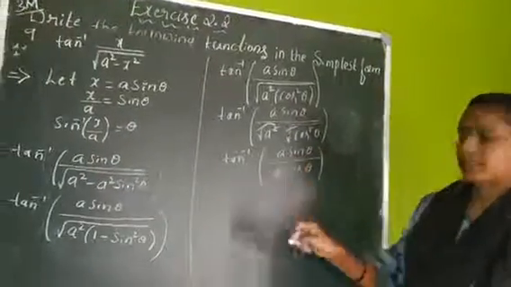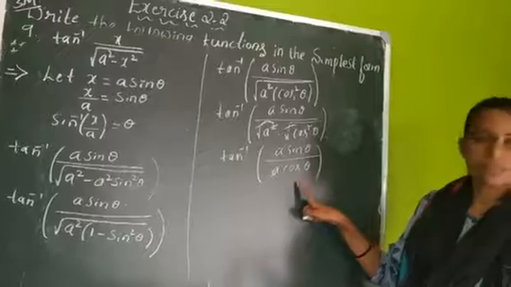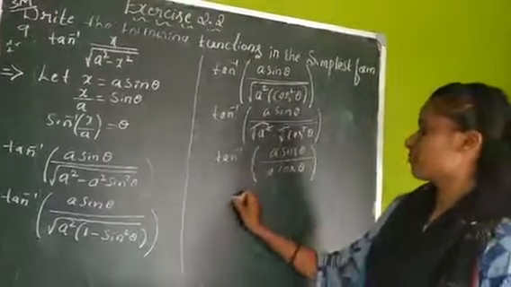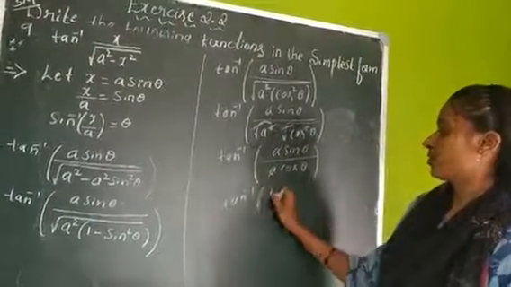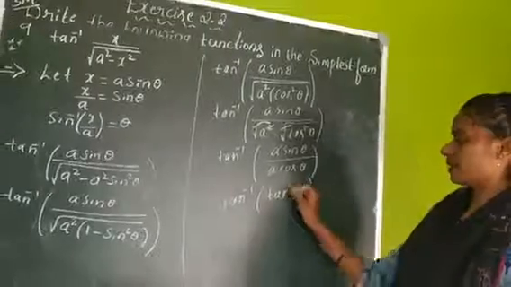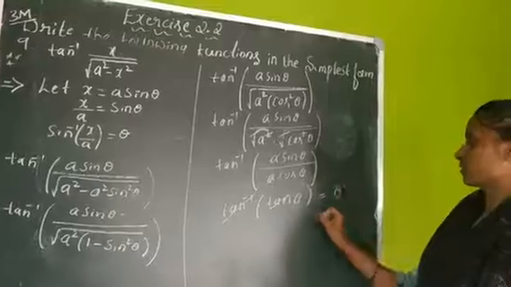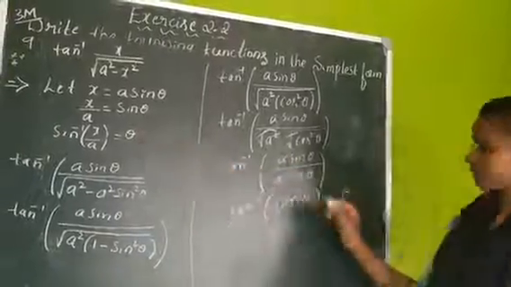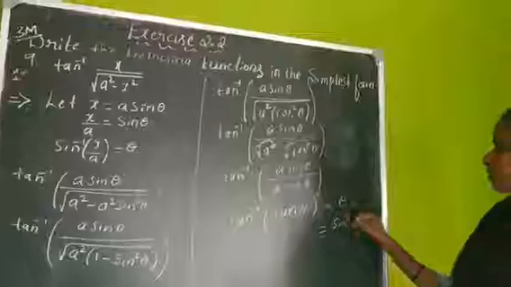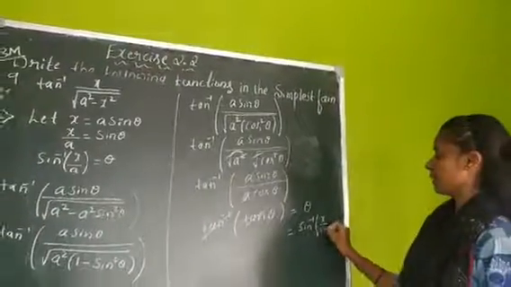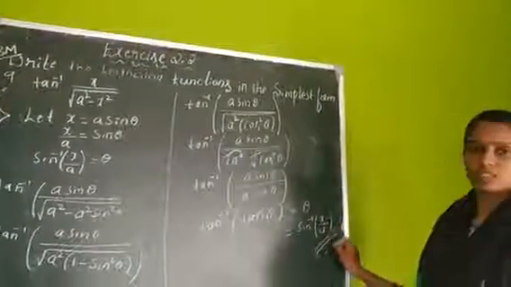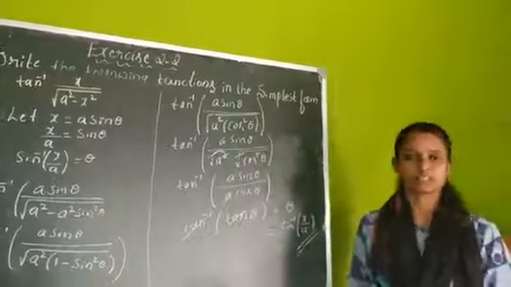Now a gets cancelled, then sine by cos is tan. Therefore, tan inverse of tan theta, here tan and inverse get cancelled. Remaining is theta. So theta is nothing but sine inverse of x divided by a. Hope this is understood. Important one this.